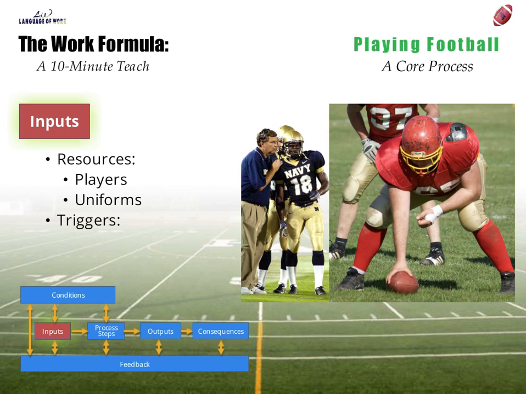In football, this includes the referee blowing the whistle, the time clock, the quarterback calling a play, etc. In business, inputs generally include resources such as the budget, workers, equipment, software, and so forth. Triggers, on the other hand, include client requests, management directives, schedules, or deadlines, among others.